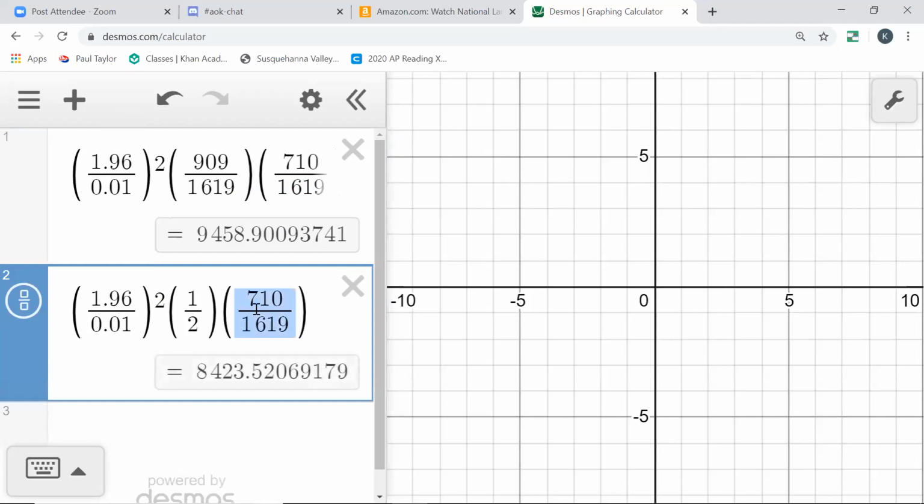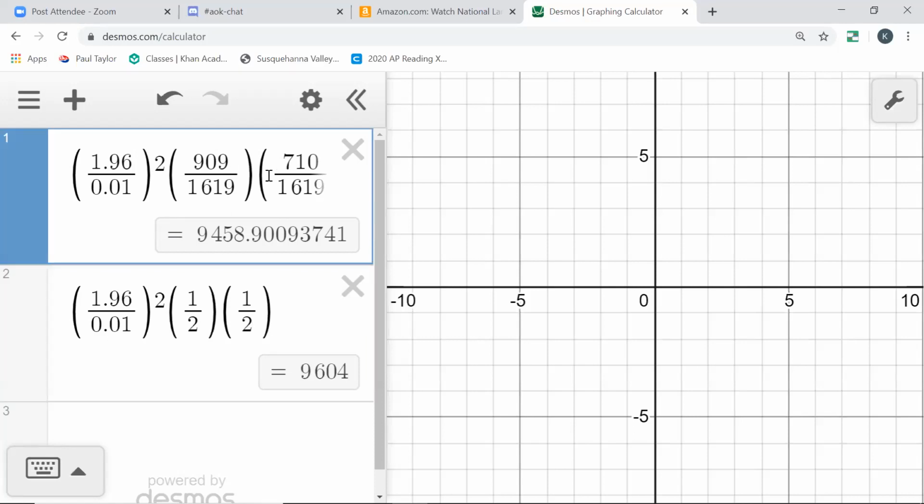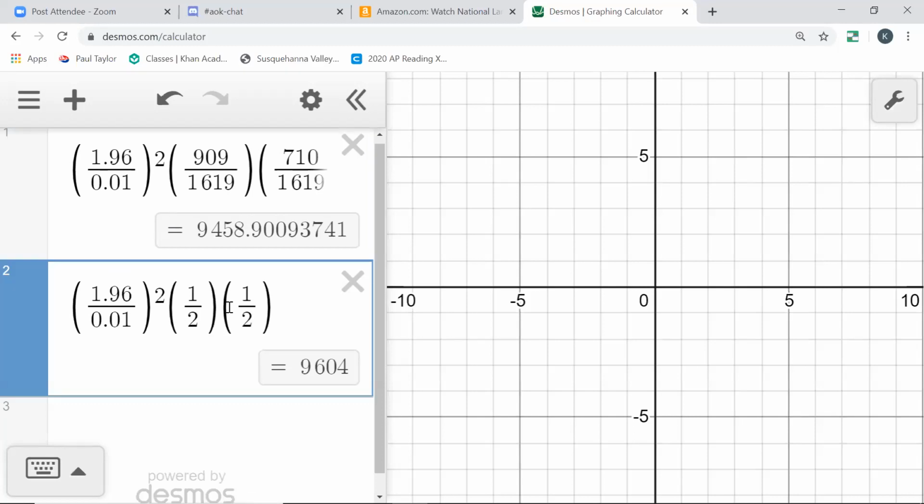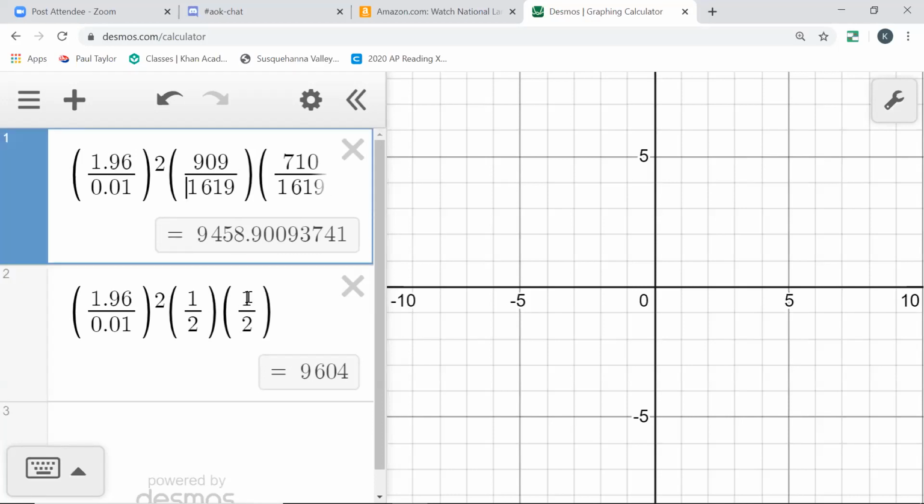If these approximations are wrong and they change as you increase the size of the sample to get closer to the real answer, this product is never going to be bigger than the version that has 1/2 times 1/2. If you graph p times 1 minus p, it's a parabola with a maximum at 1/2. So whatever these two numbers are, the biggest this final computation can possibly get is 9,604.